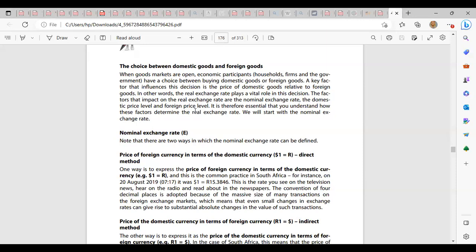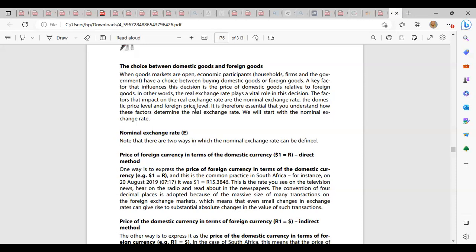So what this means is our decision to buy locally versus buying abroad is determined by how expensive the goods are. For example, I had a friend in the US, and we were talking over the phone one time about the price of a McDonald's hamburger there and how much it is down in South Africa.